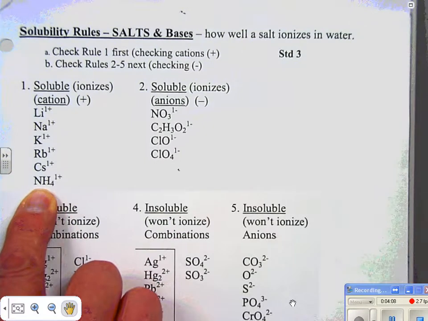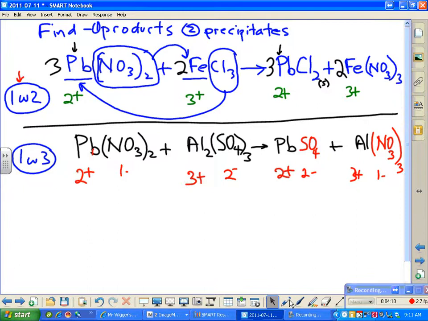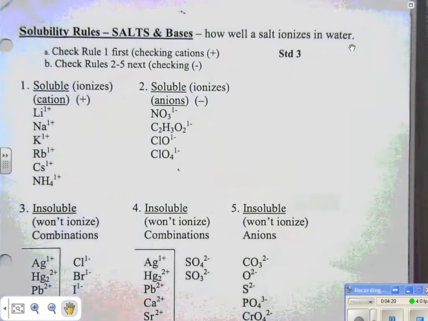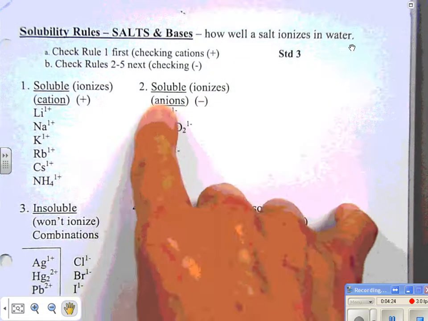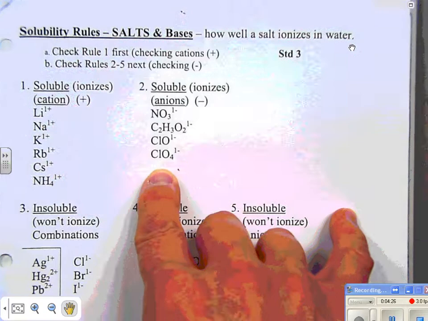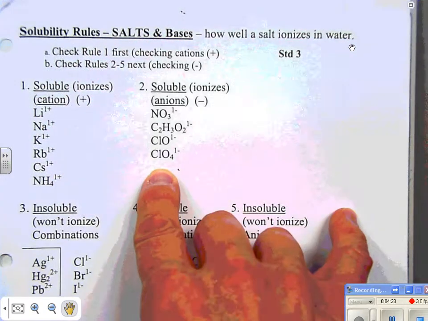Come on, who's he with? Yeah, he's with nitrate. All right, so we're looking at this guy right here, iron nitrate. So we have to look for nitrate. These guys always ionize. Is it on that list? Yeah, it is. There we go.